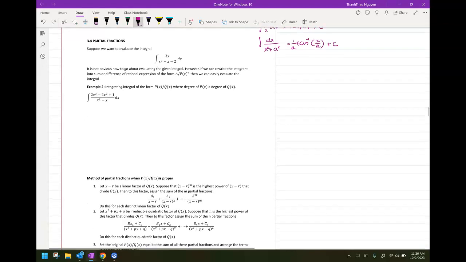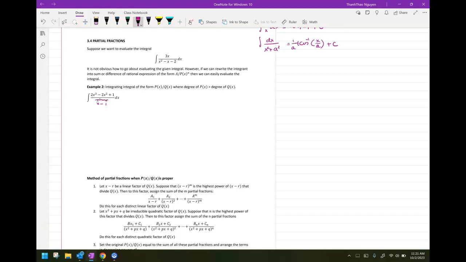So let's take a look at the first example, integrating the integral of the form p of x over q of x, where the degree of p of x is greater than the degree of q of x. I want to change this a little bit. There's a typo here. We should have the integral of 2x cubed minus 2x squared plus 1 divided by x minus 1 dx.